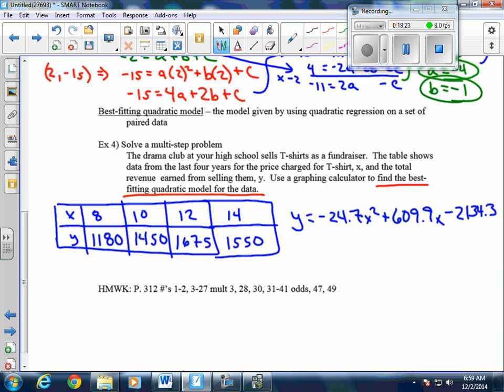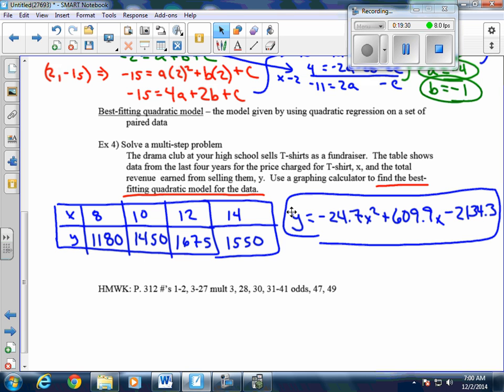So there is our equation in standard form from this data that we have.